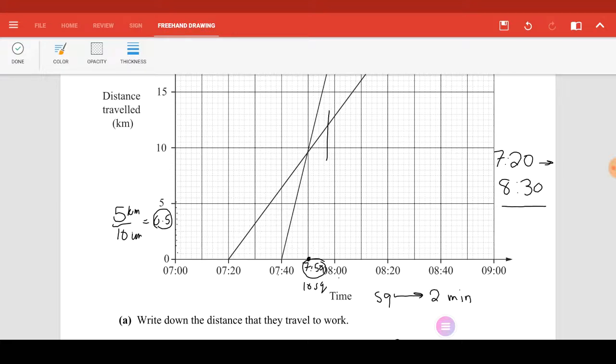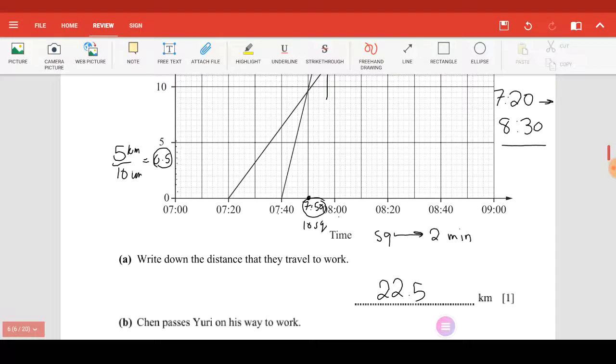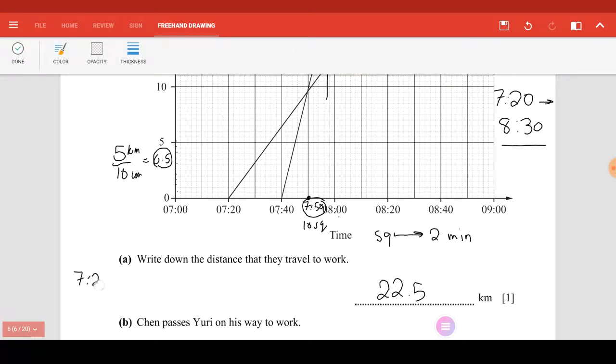When you want to calculate the time difference, I will use this space, for example. From 7:20 to the next whole hour, we need 40 minutes.